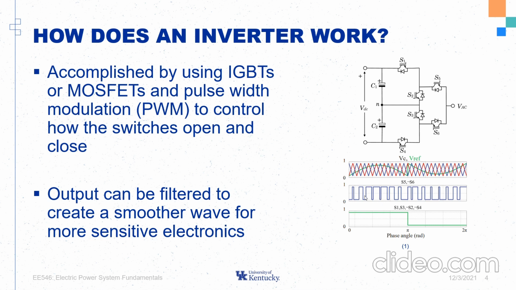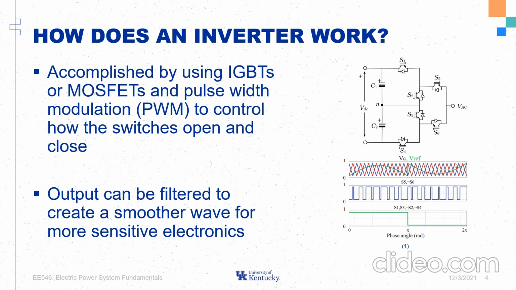When S1, S3, and S5 are on, the load is connected to the positive side of the DC voltage source, and it appears that positive current flows from the positive side to the load. When S2, S4, and S6 are on, the load is connected to the negative side of the DC voltage source and receives negative current.